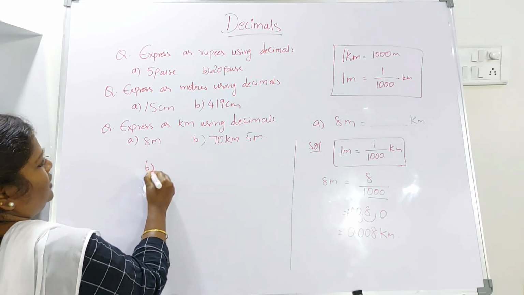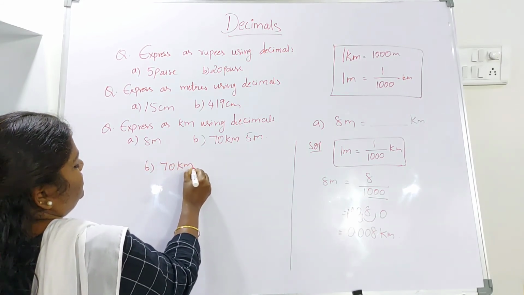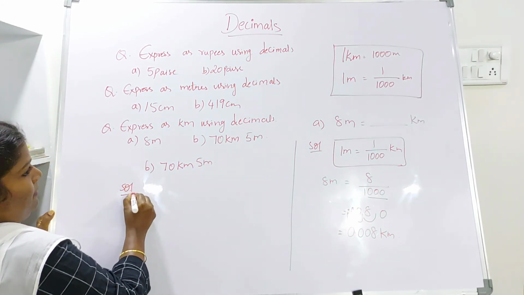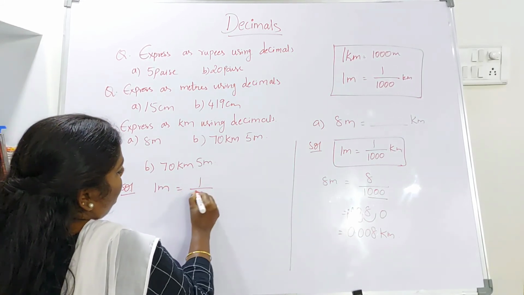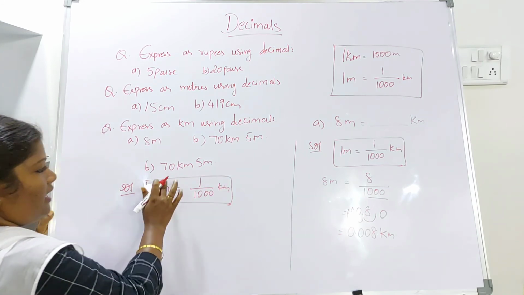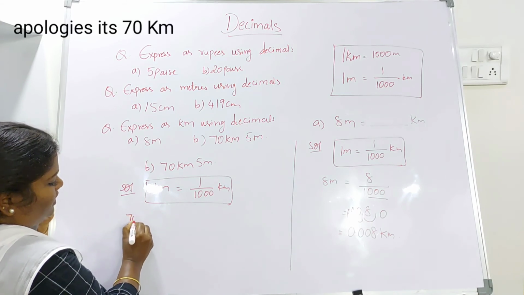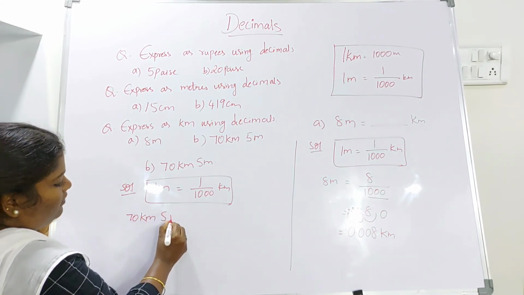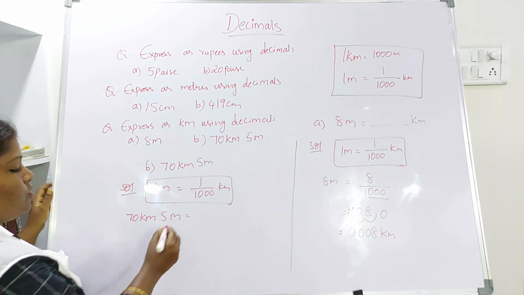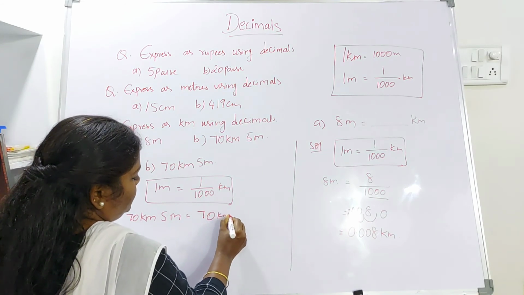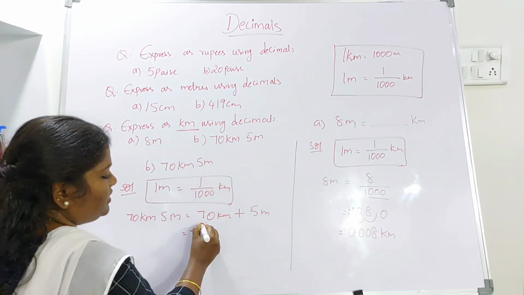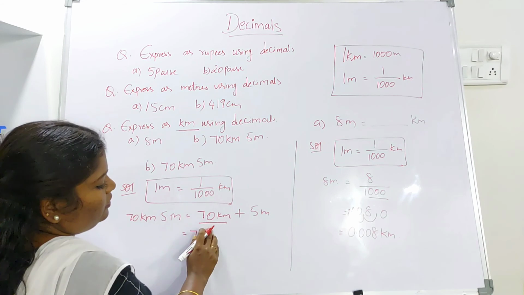Yes, so let me explain the next one. It is 70 kilometer 5 meters. Now what you have to do? 1 meter is equal to 1 by 1000 kilometers. Now already they have specified 70 kilometers 5 meters. So 70 kilometer they have already specified. So what I'll do is 70 kilometer plus 5 meters. Now you need to convert into kilometers. Okay, here it is given directly 70 kilometer. So no need to convert this.